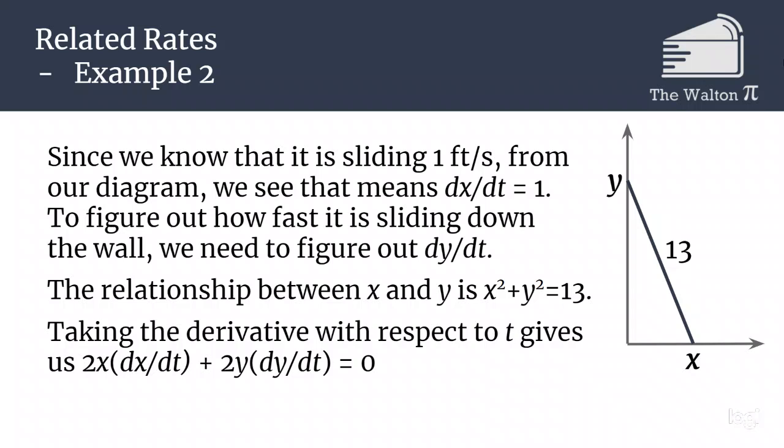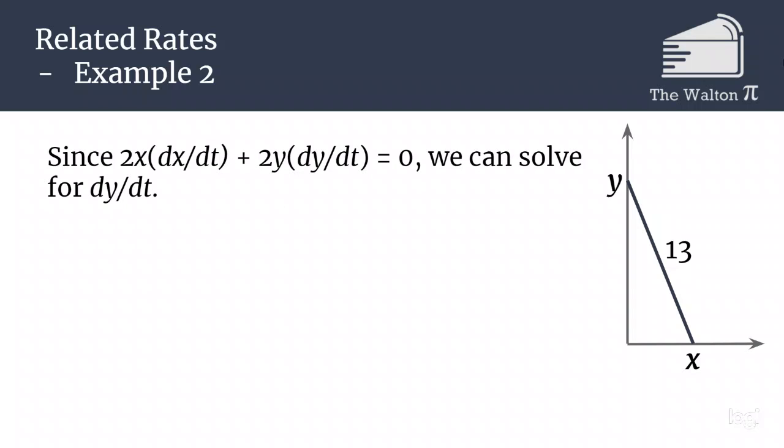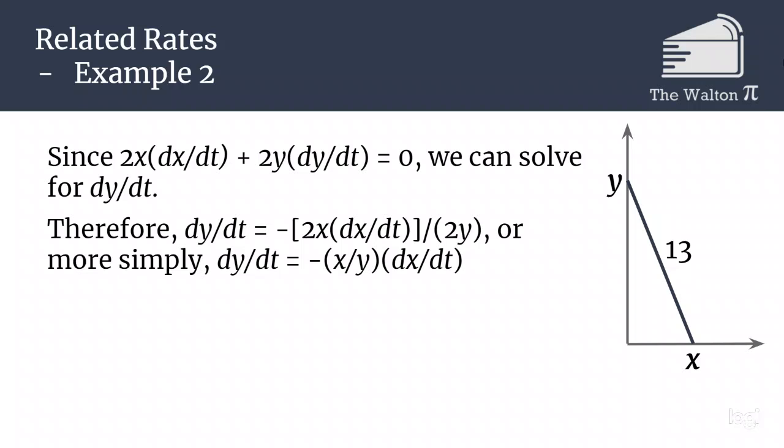So the derivative of x squared is 2x dx/dt, the derivative of y squared is 2y dy/dt, and the derivative of 13 squared is 0, since it is a constant. So that gives us that 2x times dx/dt plus 2y times dy/dt is equal to 0. We can now solve for dy/dt. If we solve for it, we end up getting that dy/dt is negative x over y times dx/dt.